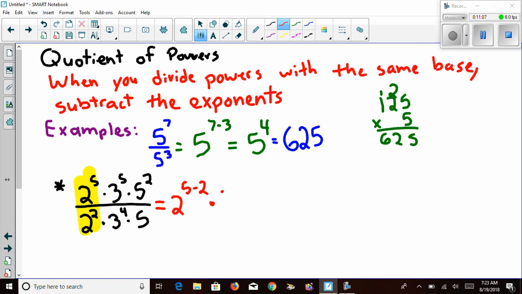Next will be the 3. That is now 5 minus 4 for my new exponent. And finally, the 5. Let's see, 5 squared divided by 5. My new exponent will be 2 minus 1.